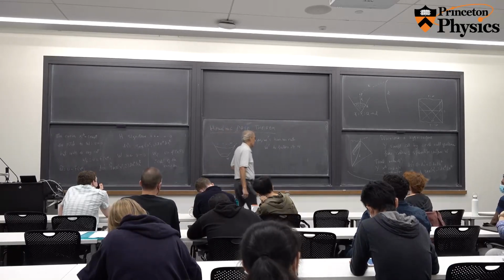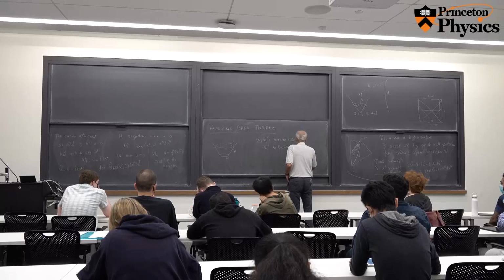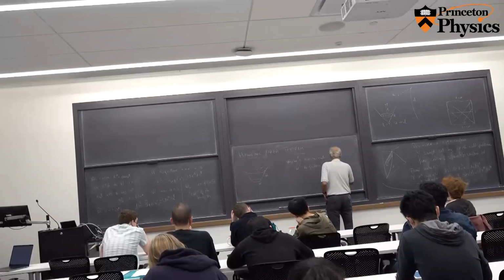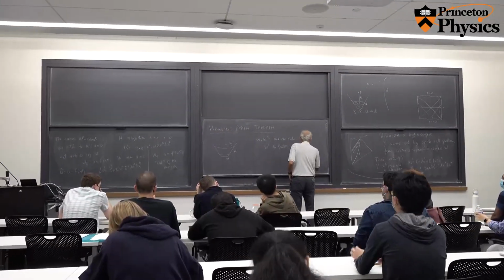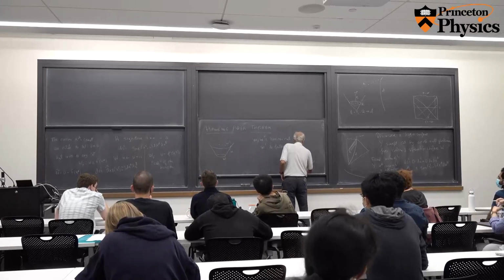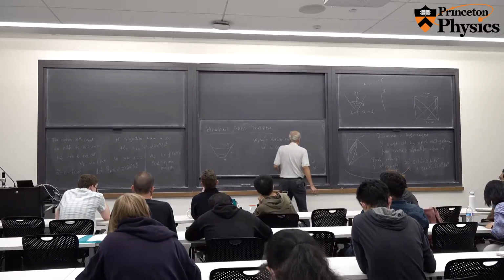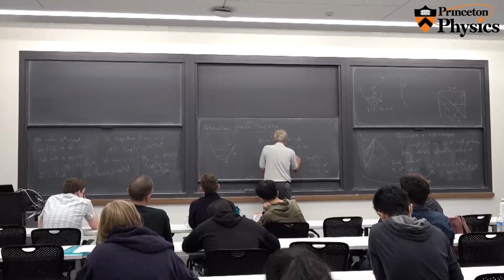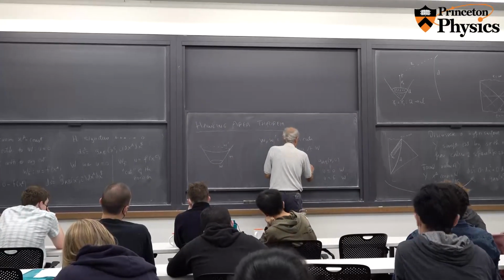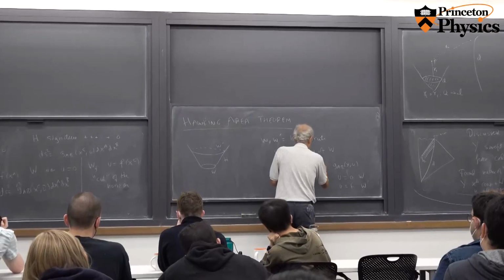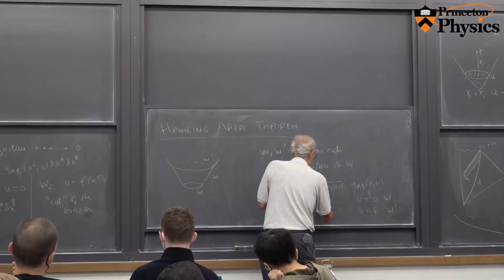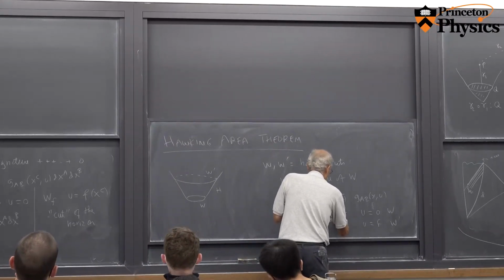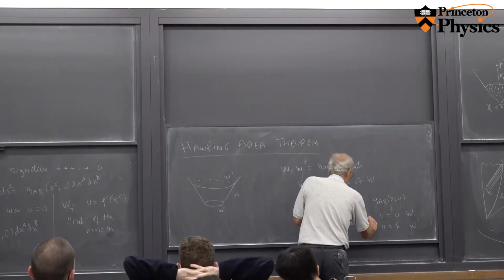So they have areas. There's a metric g_AB of x and u, which we evaluate at u equals 0 for W and at u equals f for W prime. And then we have the area element, which is the square root of the determinant of g at 0, and a prime is the square root of the determinant of g at u equals f.